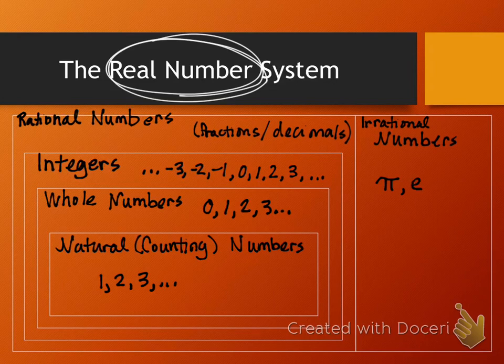E. Yes, E goes over here. Some others that you might not think about are like square root of 2. So these are the numbers that would be, if you tried, non-repeating and non-terminating, meaning they don't end.